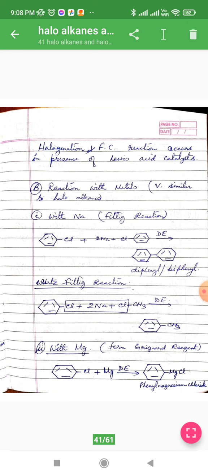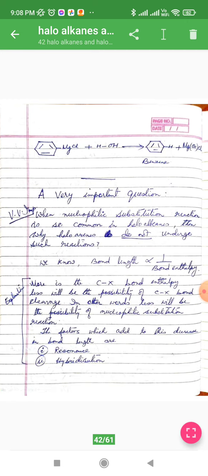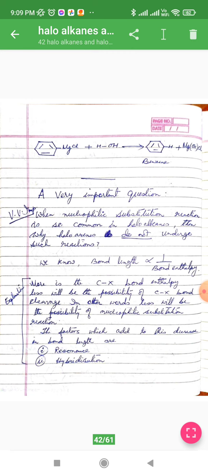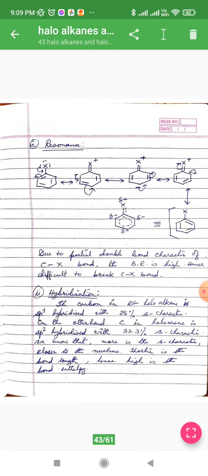You see, it's written here, bond enthalpy is inversely proportional to bond length. That means larger the bond length, less will be the bond enthalpy. So the factors which are responsible for these reactions not to happen are mainly resonance and hybridization. Let us see how resonance and hybridization affect not having nucleophilic substitution reaction so easily.